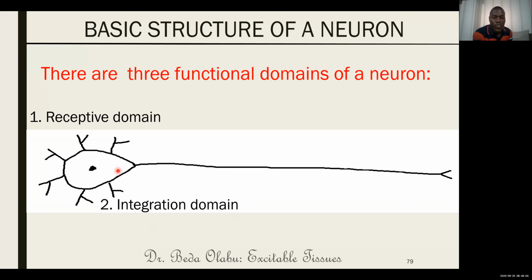The cell body of a neuron is the one that contains those organelles, and therefore we call it the integration domain because it basically internalizes the functions of a neuron. Now, one of the key functions of the cell body is to synthesize the neurotransmitters.